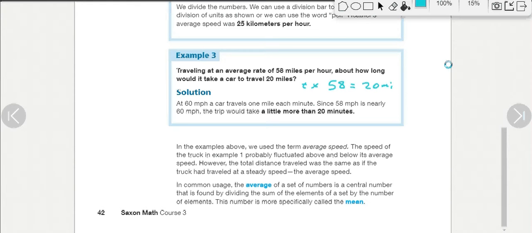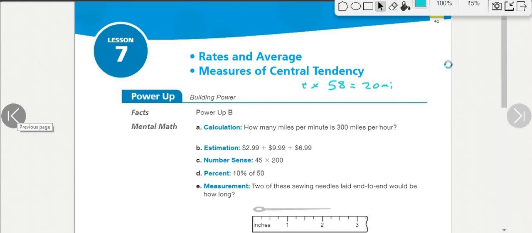They say at 60 miles an hour, it's 1 mile a minute. Since 58 is about 60, we can just estimate it's a little more than 20 minutes, because it's going to be an even conversion. I just want to look at their equation here for miles and hours.